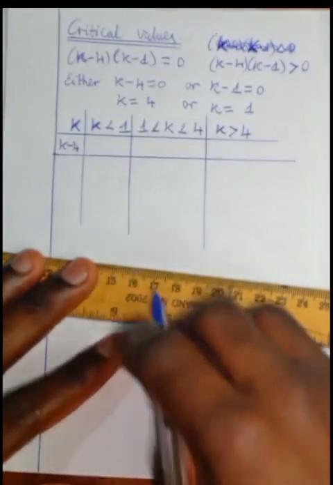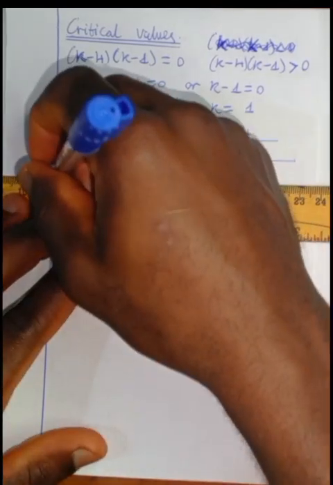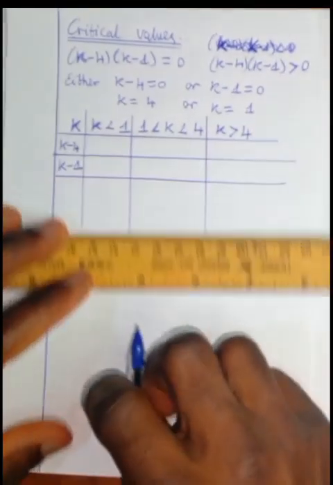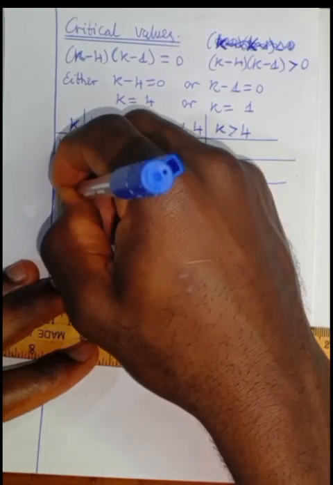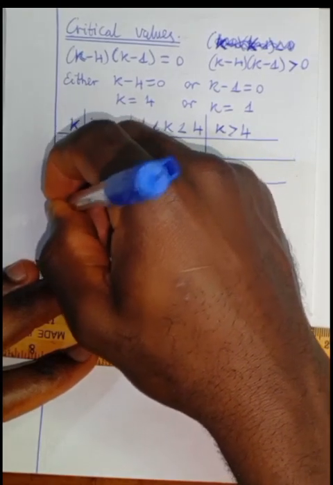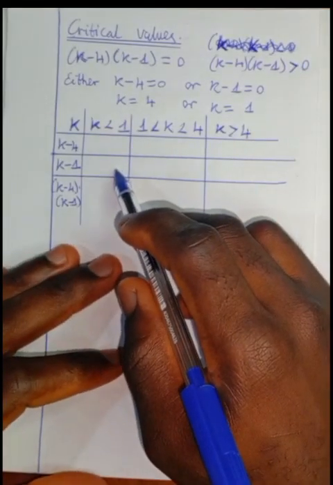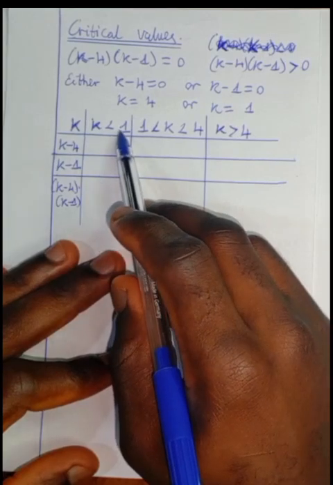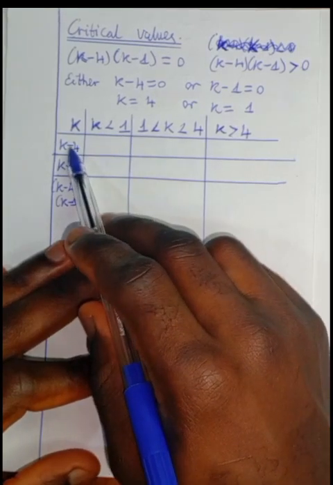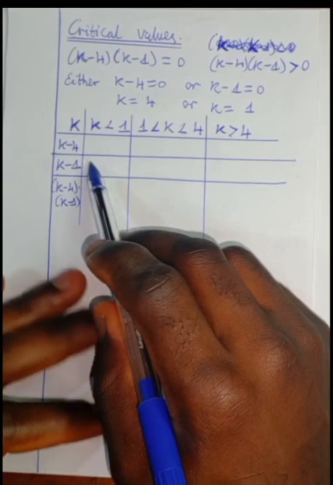For the second rule we have k minus 1. And lastly we have k minus 4 times k minus 1. On our sign table, we are only interested in the signs. We are going to take a value of k which is less than 1, insert here, and write down just the sign of the results. That's what we are going to do.